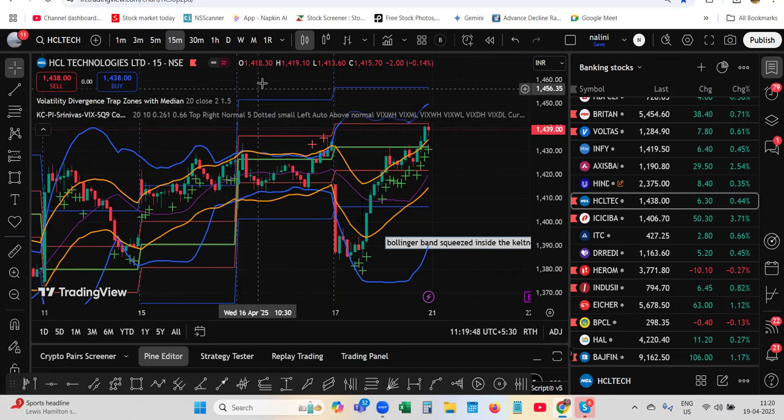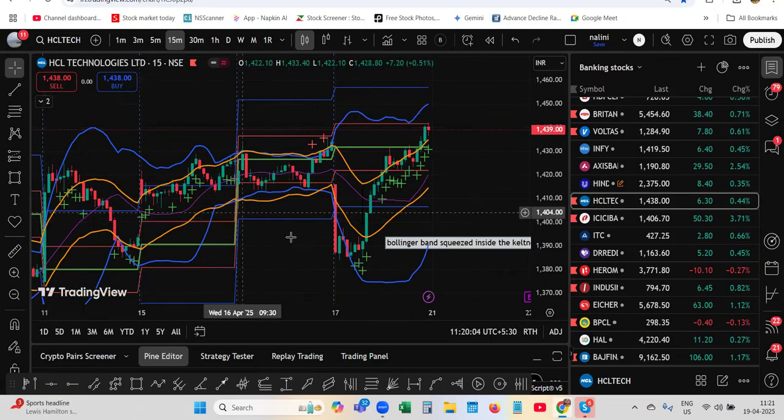Let it be there. This is 0.26. Sorry. And then this green line is the median line and it is the negative 0.26 and negative 0.66. That means our circle is sitting over here.